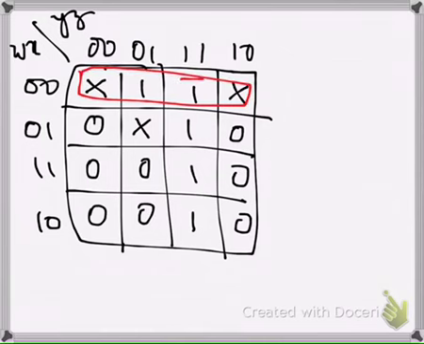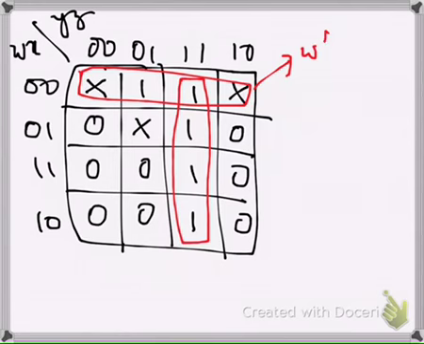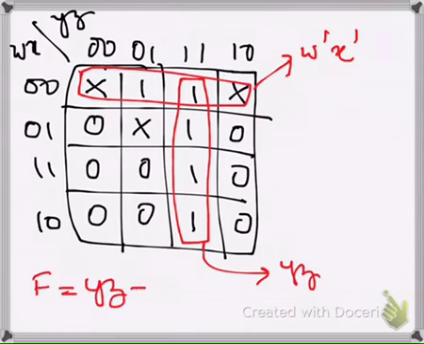Similarly I can make a group like this. So I have 2 groups now. I can use this for the minimization. For the first group I get w dash x dash. For the second one I get yz. So my function has been minimized to yz plus w dash x dash.